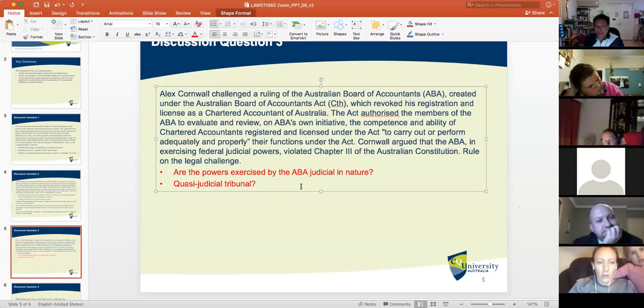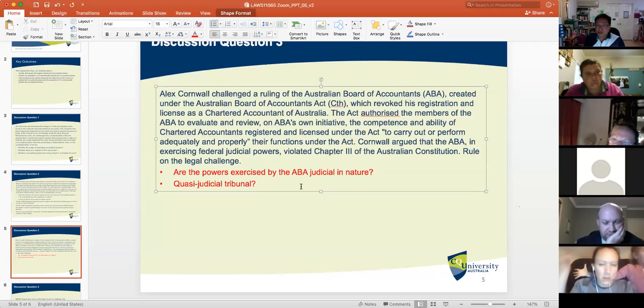That's the basic question. So in revoking, given its power to revoke the registration or license of a chartered accountant, is the ABA exercising federal judicial power? Because if it is, the next question is, has it been constituted as a Chapter 3 court? Isn't it only that the decision can be appealed?